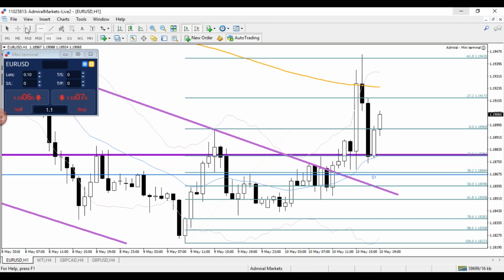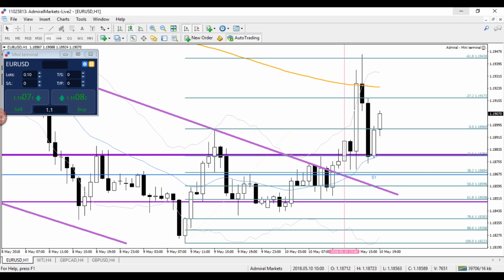So this could be the trigger, but the entry could be lower, right? The entry could be a different spot. Stop loss could be, for instance, here below the lows, and we already know where the target is here and here.